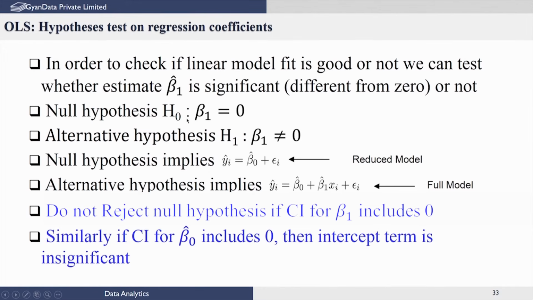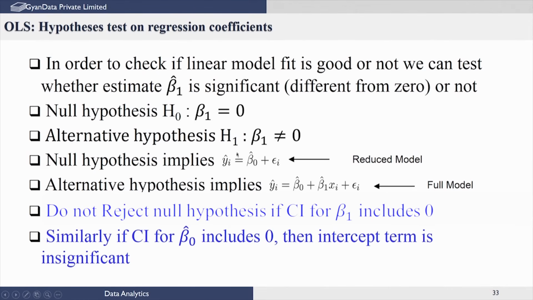If beta 1 equal to 0, it implies that the independent variable x has no effect on the dependent variable, but on the other hand, if we reject this null hypothesis, we are concluding that the independent variable does have some effect on the dependent variable. So, this hypothesis test can also be reinterpreted: the null hypothesis beta 1 equal to 0 means we are only fitting yi equal to a constant, whereas if we reject the null hypothesis, then we are fitting a linear model with beta naught and beta 1 present.